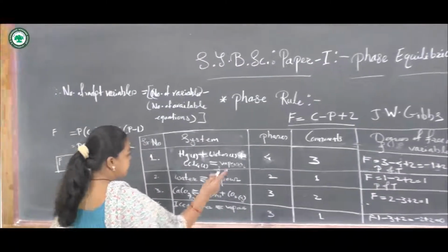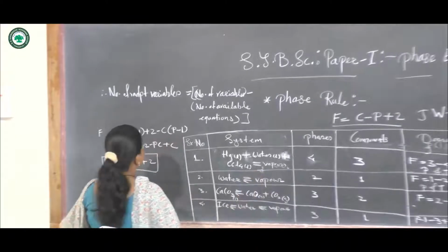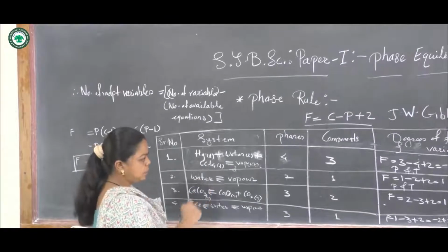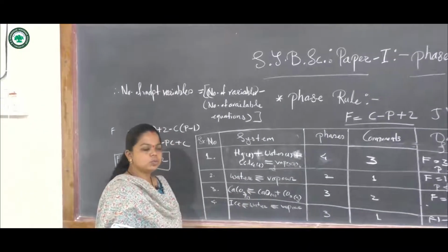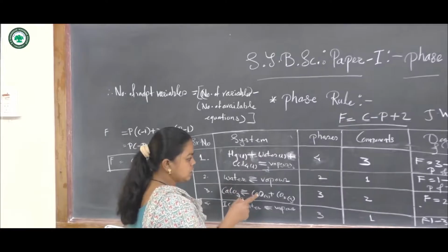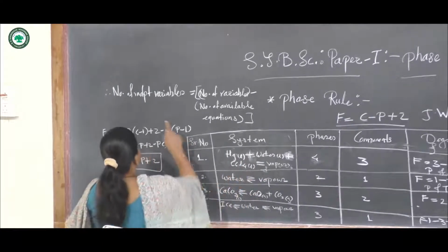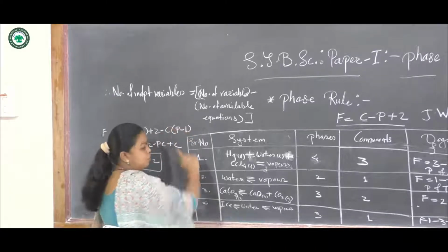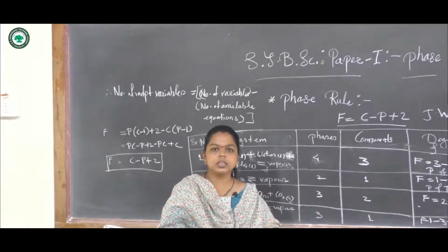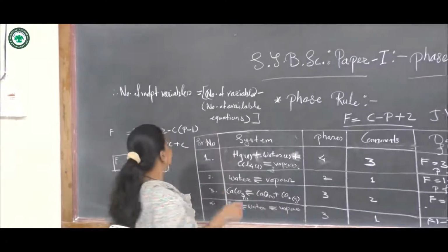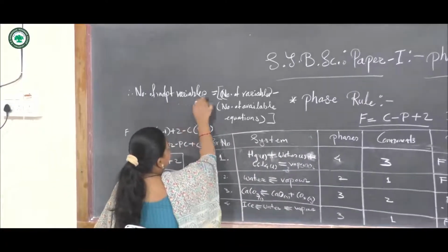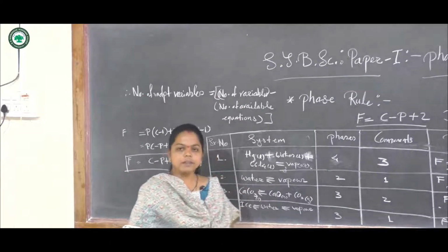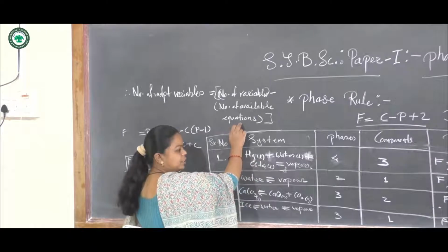Now we can put these values into the equation. So what are we getting? First we have got P into C minus 1 plus 2, and the second equation is C into P minus 1. The number of independent variables, that is the degrees of freedom, can be calculated by the formula: the number of variables minus the number of available equations for the given system.